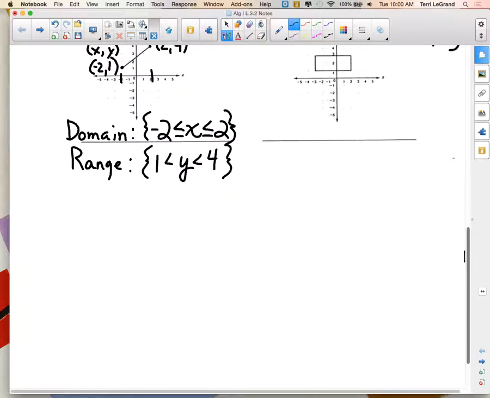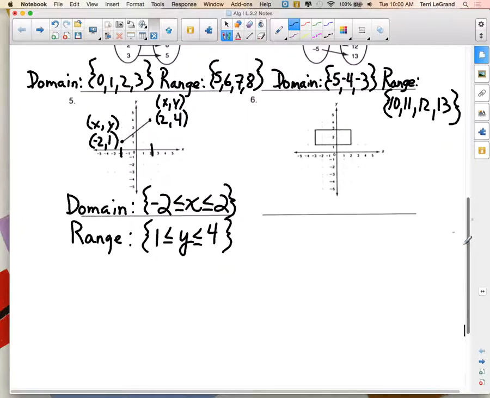Yeah. Okay. So now do I have it the way you want it? Yeah. Okay. Anybody agree with Monica? Yeah, you should. Because the smallest y value is right here at 1. The highest y value is right there at 4. So it's in between those two values, inclusive of those two values.